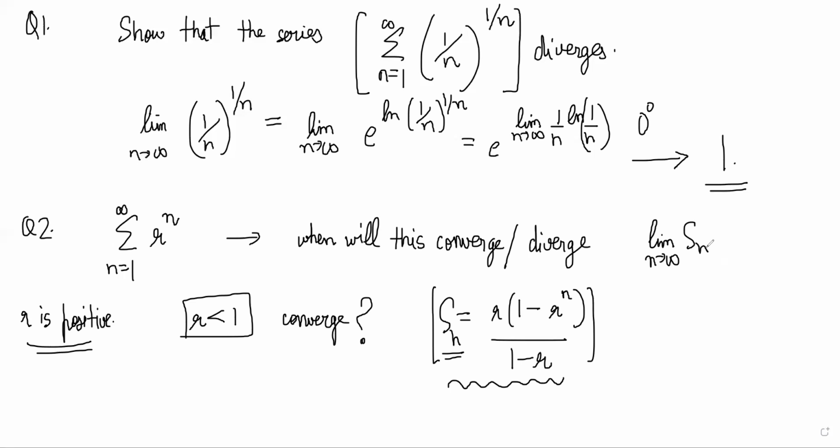If it is not bounded, if its limit is infinity, then it diverges. Basically, it means that it is becoming very big. When we are saying limit of n tends to infinity, Sn tends to infinity, then we are saying it is becoming very big. But if it is a finite value, you have to say that it is less than something.